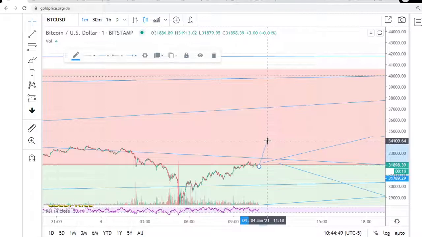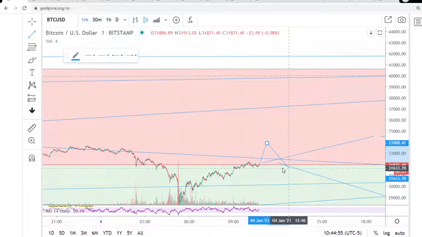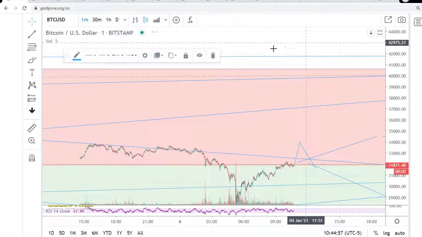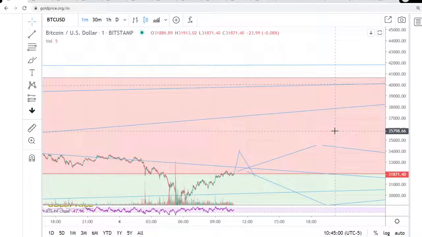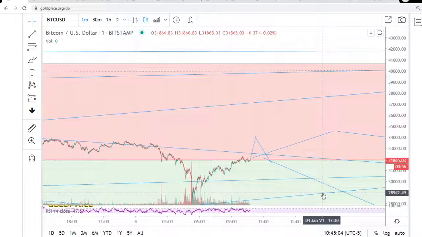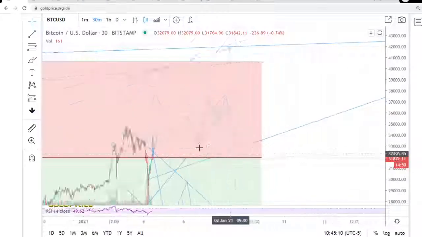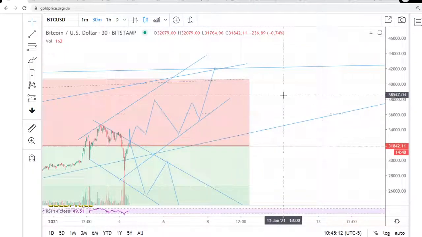Then we have to look if this does not go again to the downside. If we can stay in this area, then we will go to the top side. But if we test this and then go to the downside, then we go to the downside. Everything depends on this area. Let's look what happens. More updates tomorrow.